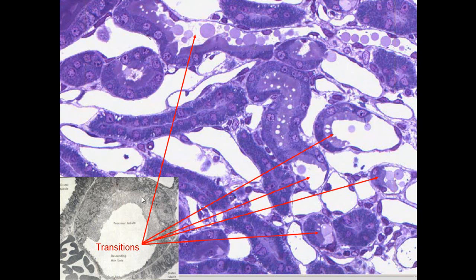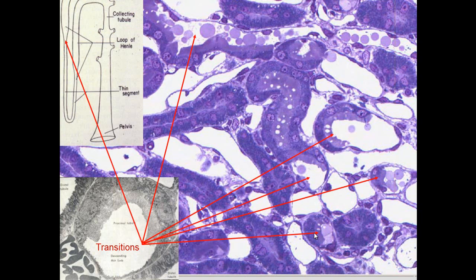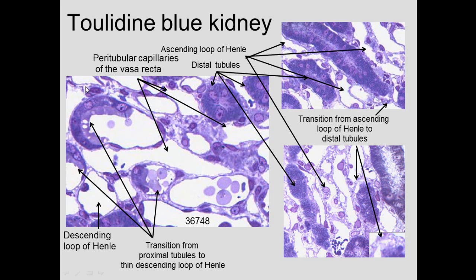You see the brush border of the proximal tubule, and all of a sudden it becomes very thin. And you can see those in these specimens. Over here you have the descending portion of the proximal tubule. Over there you've got the thin loop of Henle. So we have several of those transitions that can occur, and that's where we are, right up here between the loop of Henle and the descending portion of the proximal tubule.